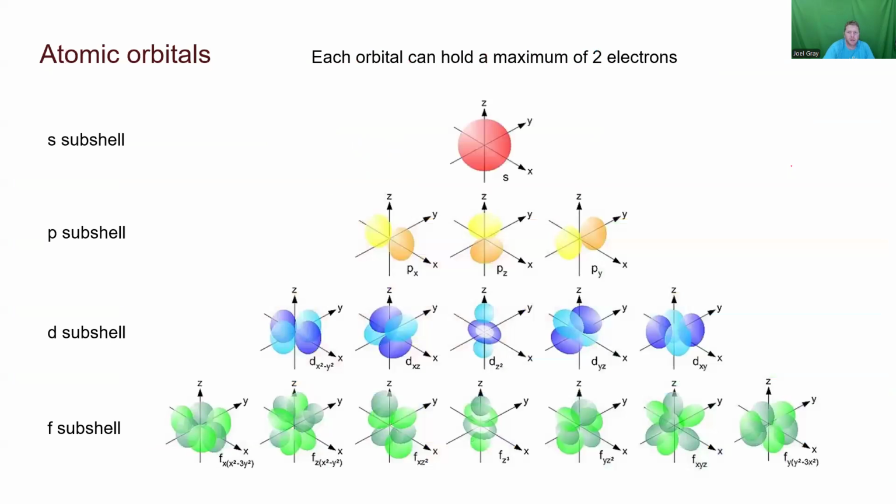Now I'm going to jump back here and we're going to work through this and we're going to say, okay, where are boron's 5 electrons?